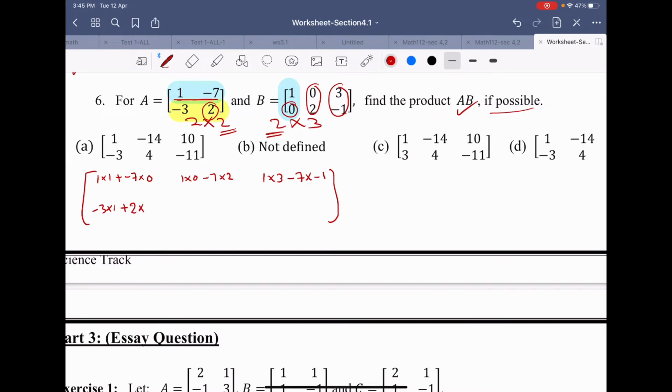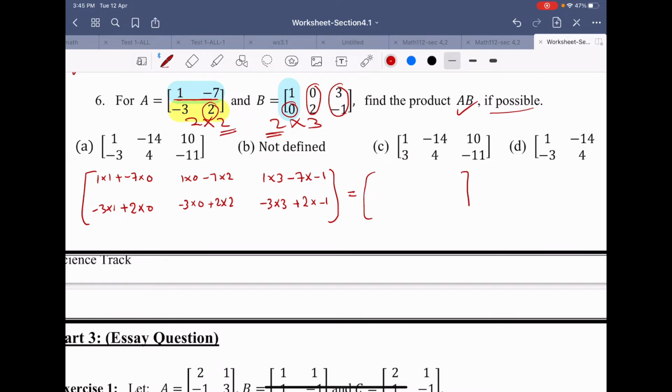Same thing here: I will multiply -3 with 0, then plus 2 times 2. Then the same thing, -3 with 3, plus 2 times -1.